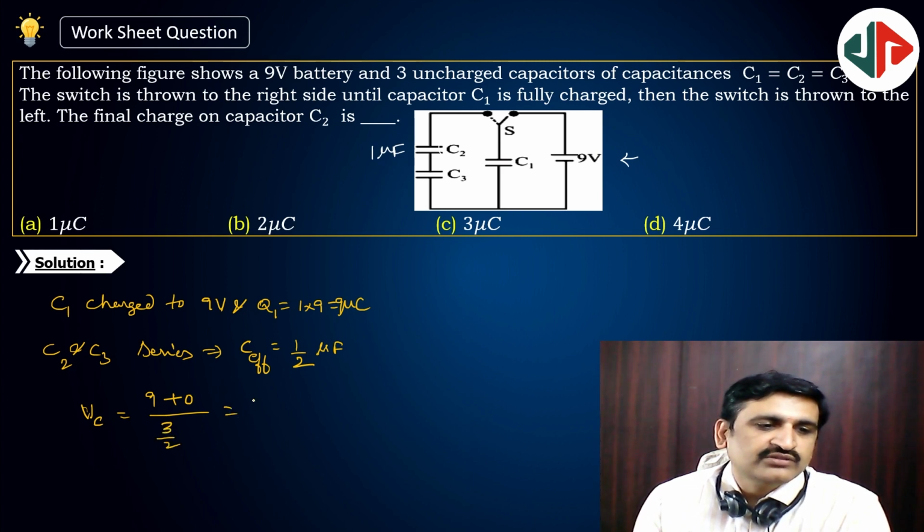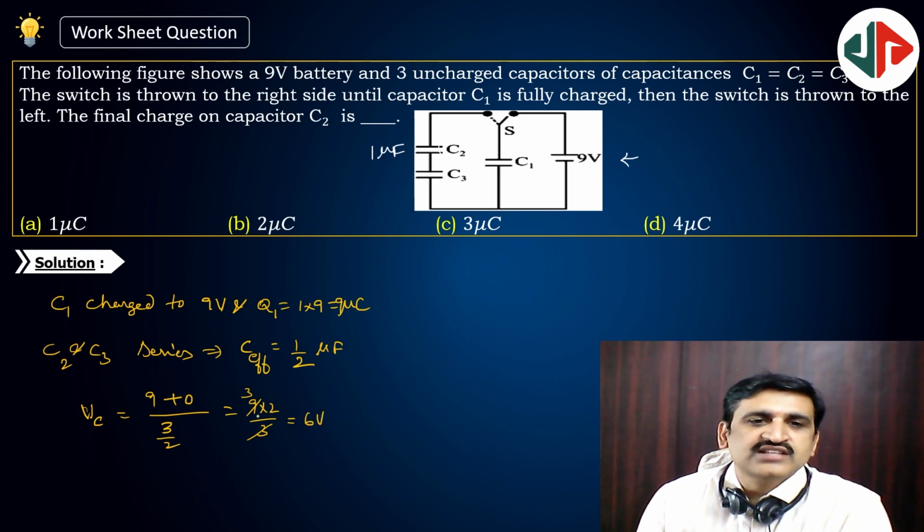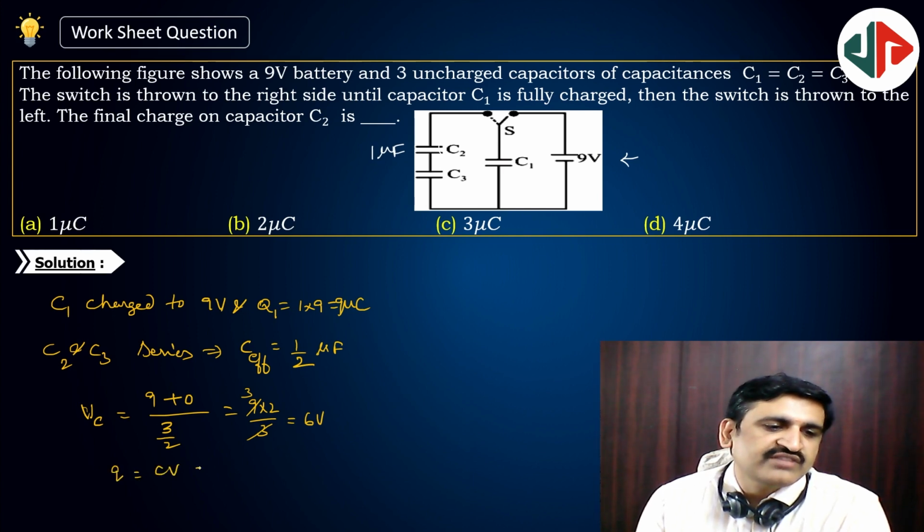That is equal to 9 into 2 by 3, so 6, common potential 6 volts. Now charge on C2 we want. This is common potential, so Q is equal to CV, C value 1 by 2, V value 6, so that is 3 microcoulomb.